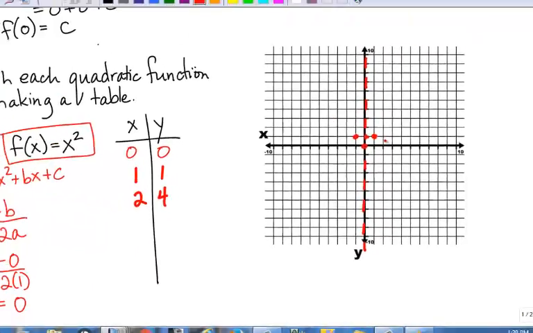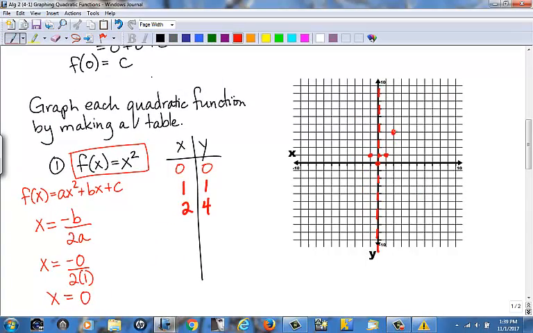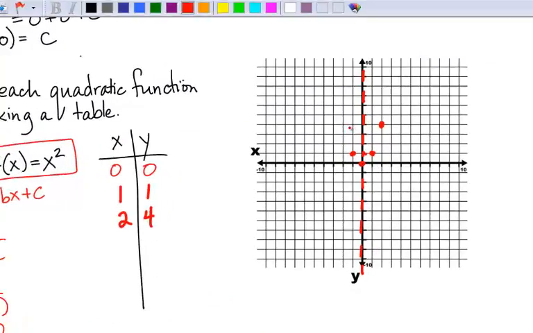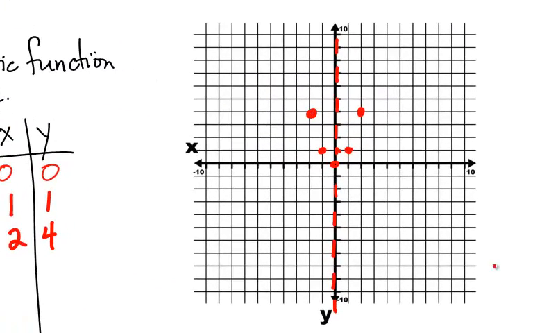So go 2 to the right and up 4, plot a point. That's 2 units to the left as well. And I would probably do one more. This is 3. 3 squared is 9. So 3 and up 4, 5, 6, 7, 8, 9. So 3, 9. And 3 units to the left too.